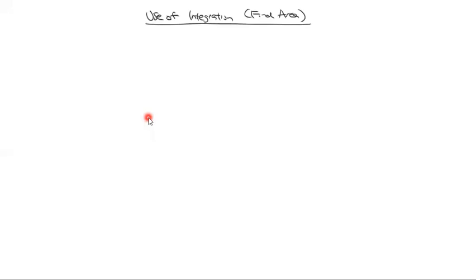So we're going to basically be focusing on uses of integration, or applications of integration. We've mentioned before that one application is to find the area under a curve.